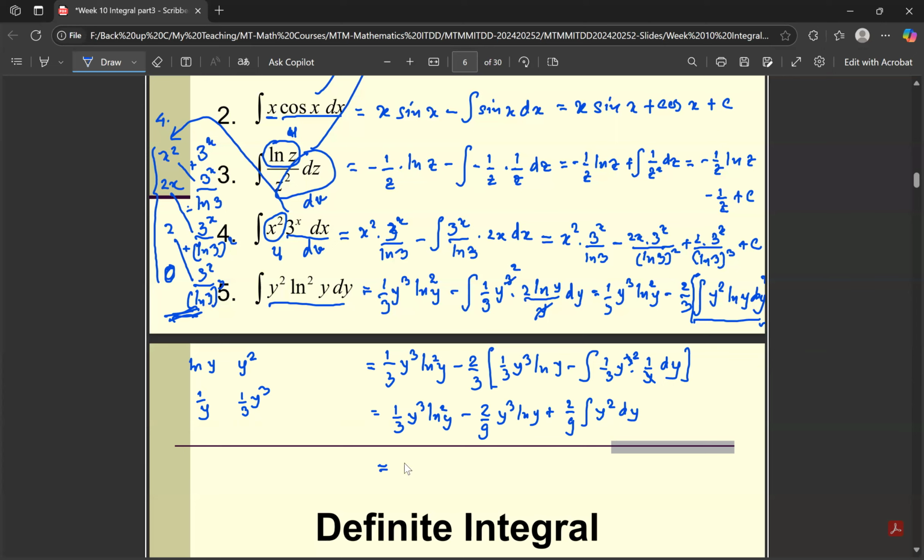On the right, we have 1 over 3 y cubed ln y squared minus 2 over 9 y cubed ln y, plus 2 over 9 multiplied by 1 over 3 again, which is 2 over 27 y cubed, plus c. This is the final answer of number 5.